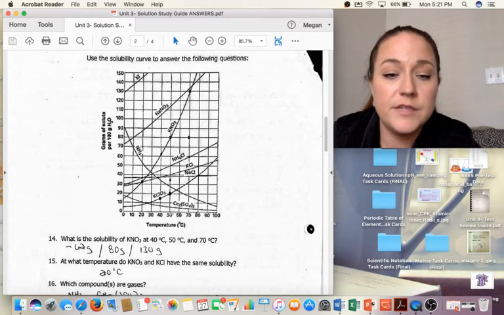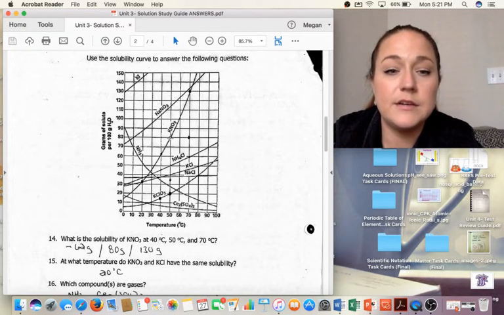At 50 degrees Celsius, it is intersected right on the 80, 80 grams. Then at 70 degrees Celsius, all the way up here, it intersects right on the 130 grams.